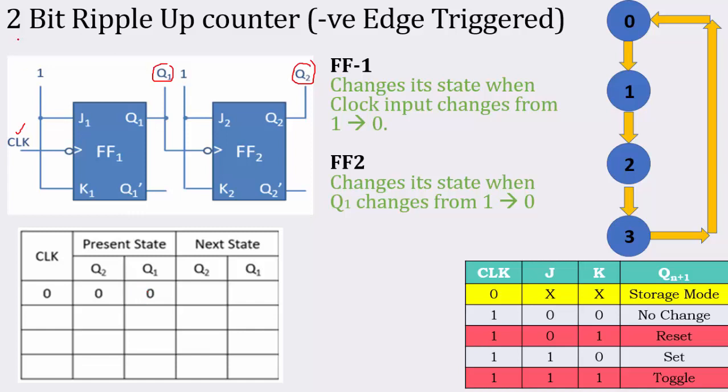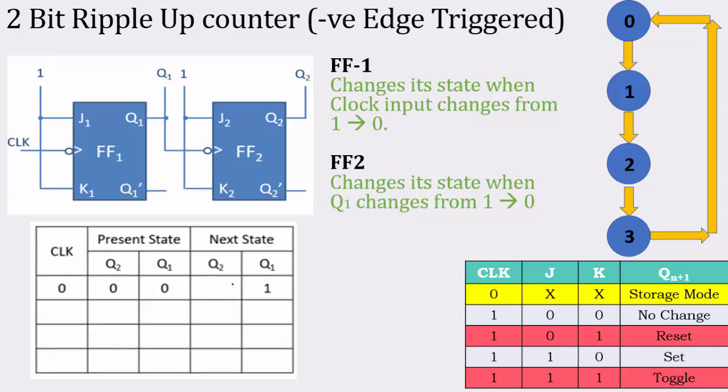Due to J and K both being 1, Q1 will change its state from 0 to 1. Flip flop 2 will not change its state, because to change the state of Q2, Q1 should go from 1 to 0, and that is not possible over here.